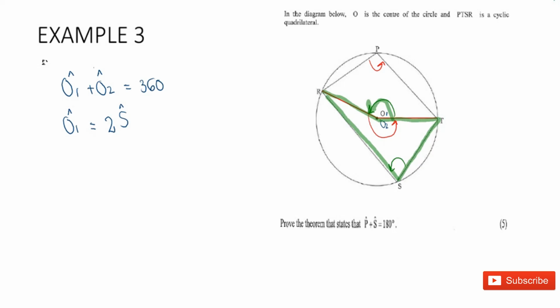So what about our angle P? For our angle P, we are going to be focusing on that part of our shape, and the angle that it makes is that angle there.